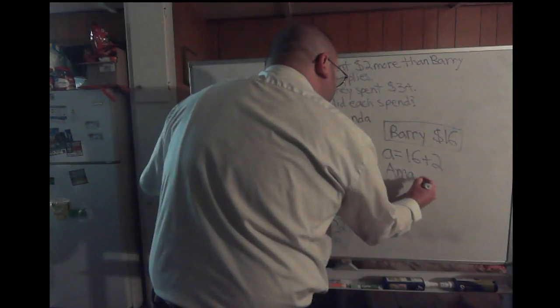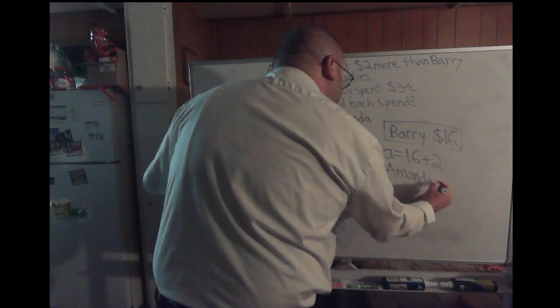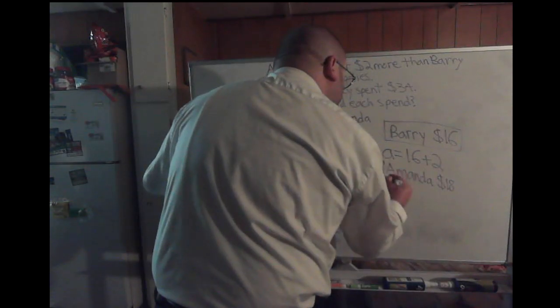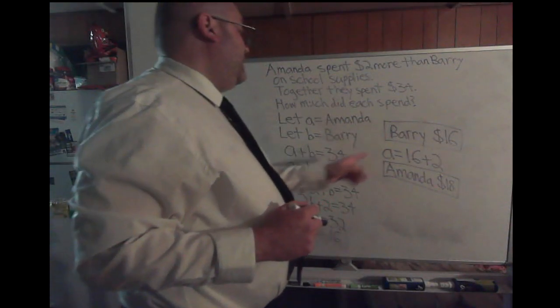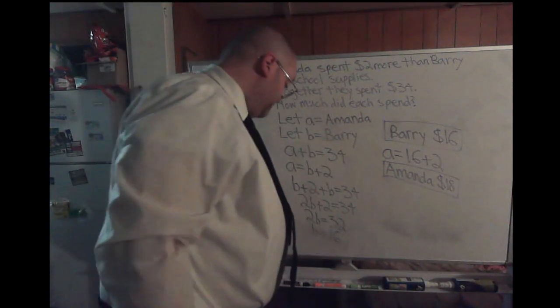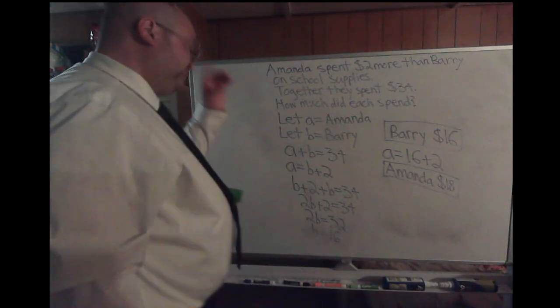So that's going to be Barry's amount of 16 plus 2, which means Amanda, 16 plus 2 is 18. So Amanda spent $18. And if you take their amounts of $18 plus 16, you'll in fact get $34.